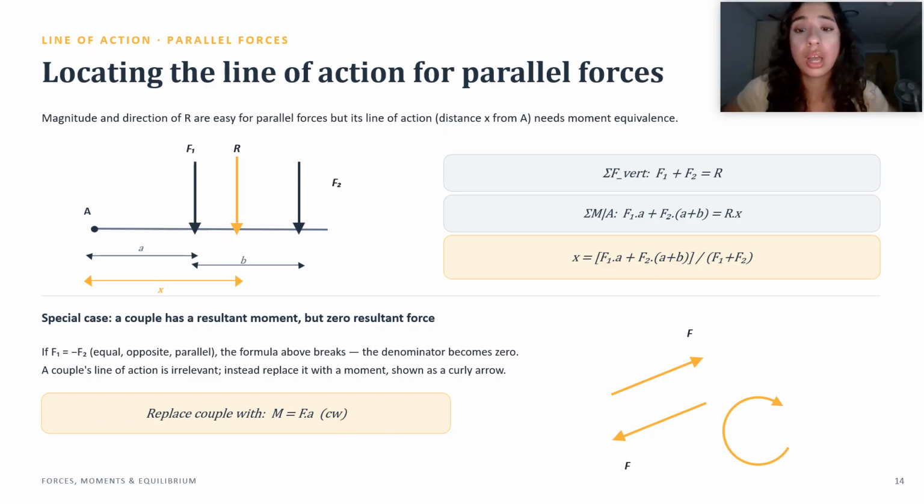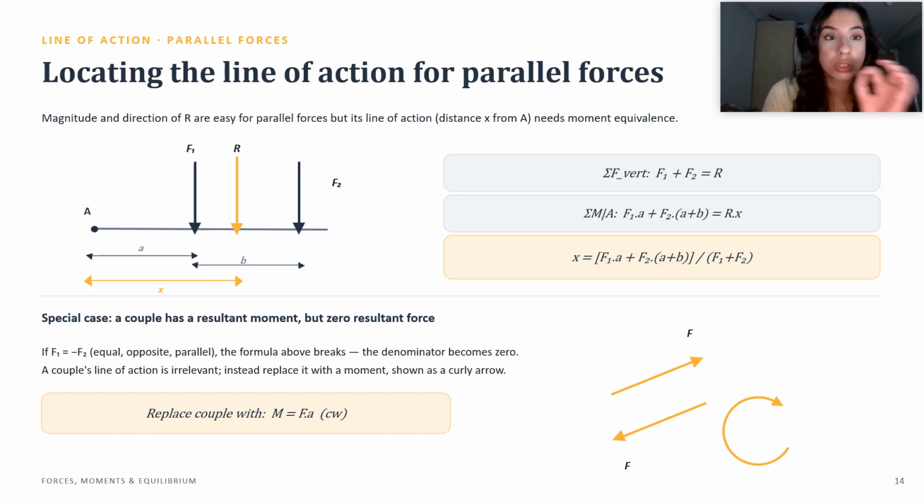So if you have a moment, the resultant moment, but uncoupled, the line of action becomes irrelevant. A couple, okay, will always have resultant moments, but no resultant force at all, because you've got two forces going in the opposite direction with the same magnitude.